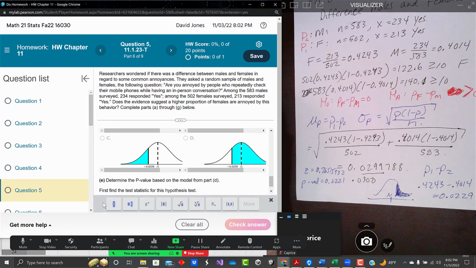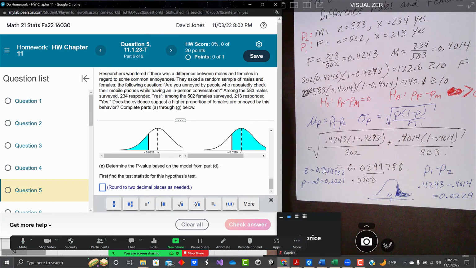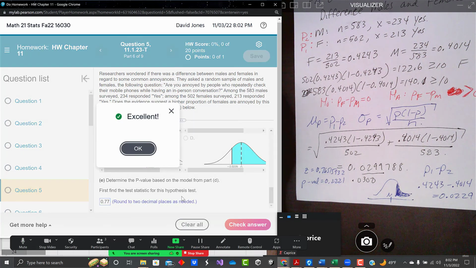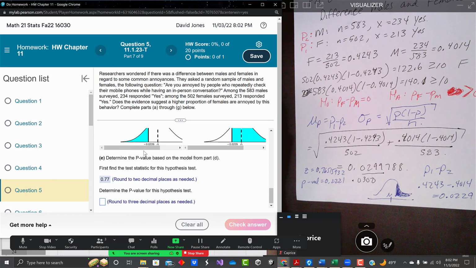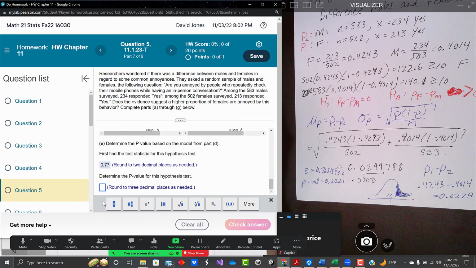The test statistic was 0.765, to 2 decimal places, 0.77. And of course they want the p-value rounded.